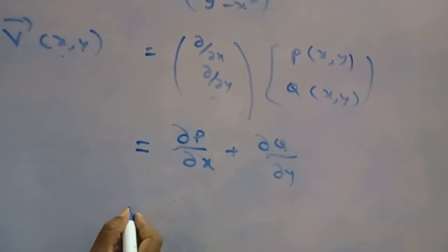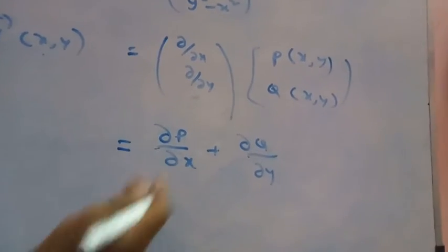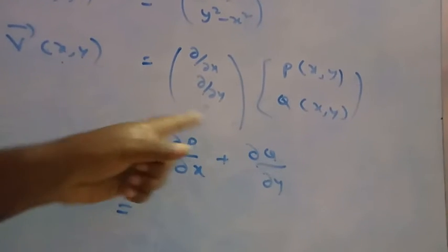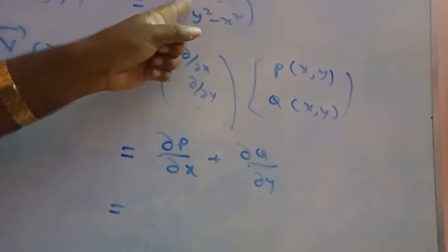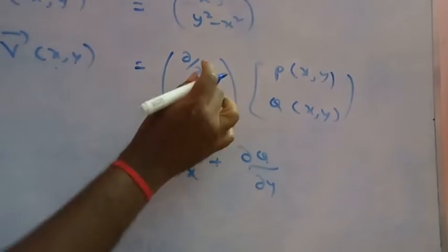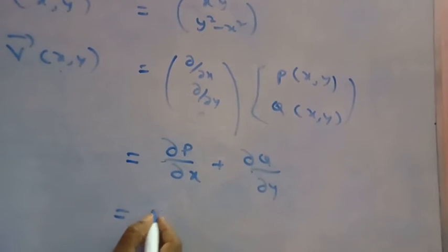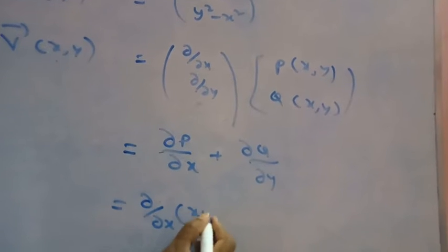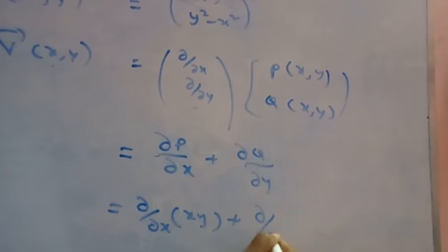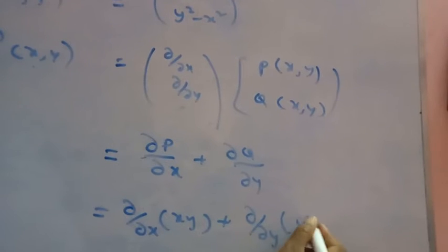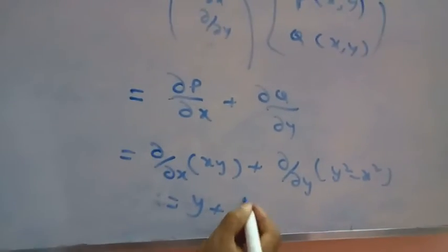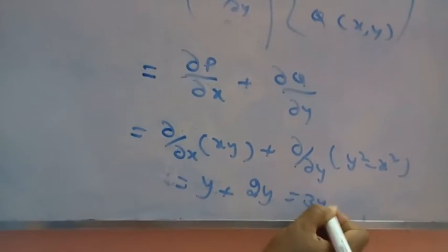Then what is the answer? P is xy, so we differentiate with respect to x only: dou by dou x of xy plus dou by dou y of y squared minus x squared, which is equal to y plus 2y, so that is 3y.